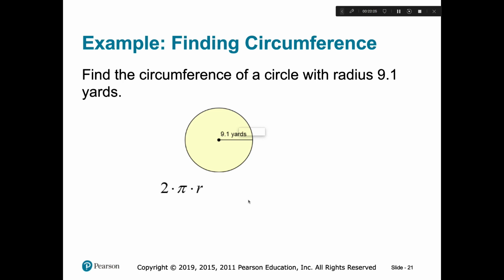So again, we're dealing with our radius, so we need to have the 2 in our equation. We need to double that information.